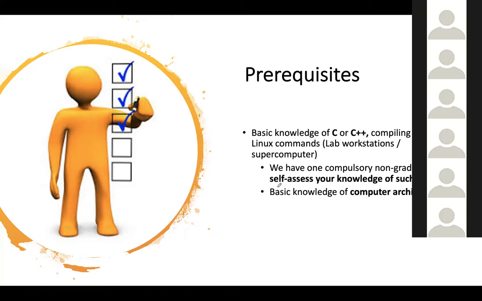So basic knowledge: know how to allocate an array in C, how to copy an array, how to make some control structures. So nothing very fancy, but some basic knowledge is going to help you a lot during this course.